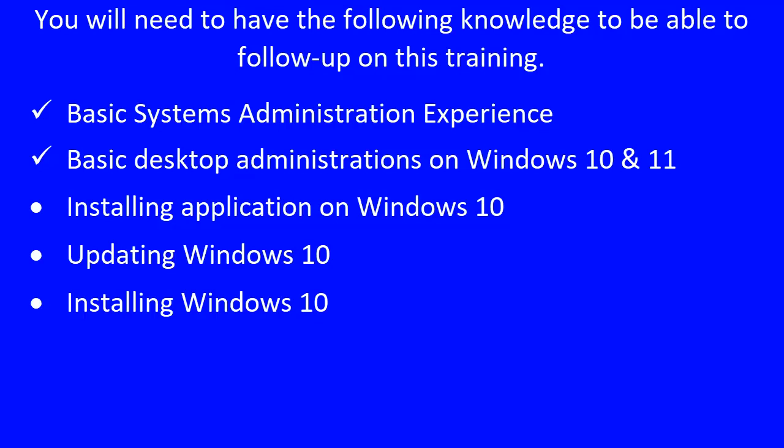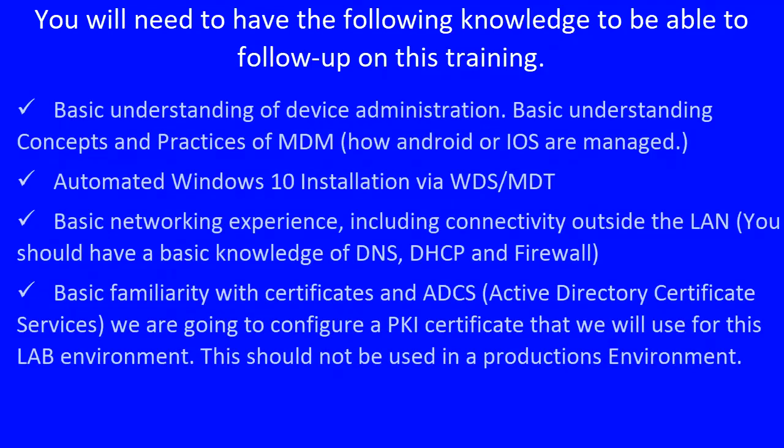We'll be installing applications on Windows 10, updating Windows 10, and installing new operating systems like Windows 10 and Windows 11. You will also need a basic understanding of device administration like MDM, which is Mobile Device Management, and Microsoft Intune. You should also know how to install Windows 10 or automate Windows 10 using MDT.